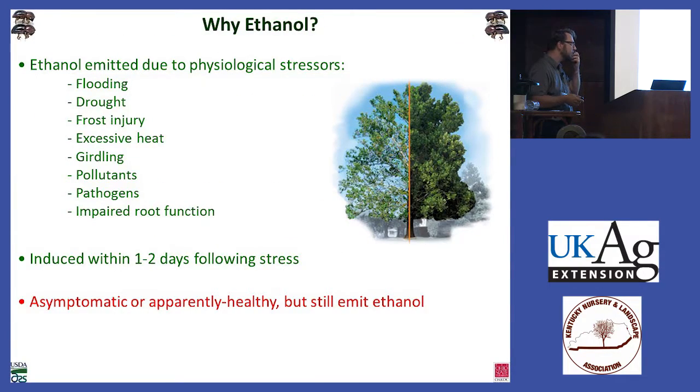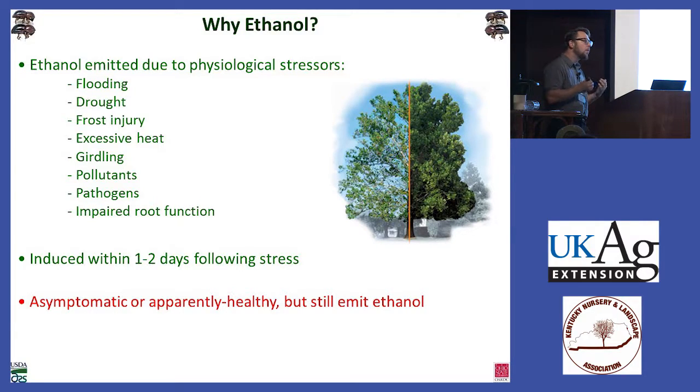So why ethanol? Ethanol is emitted in response to a variety of physiological stressors, and a number of these can occur within ornamental nurseries and within the landscape, especially if there's an extreme climatic event.